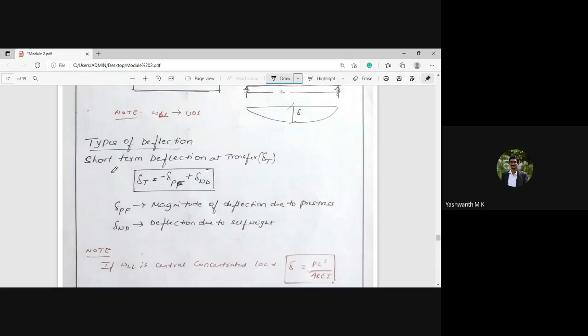Again, if I want to calculate the short-term deflection at the working stage, then it is the deflection due to pre-stressing force plus deflection due to dead load plus deflection due to live load.